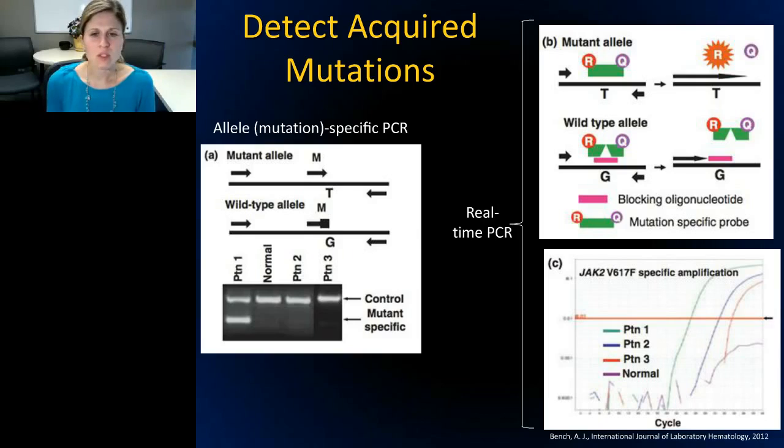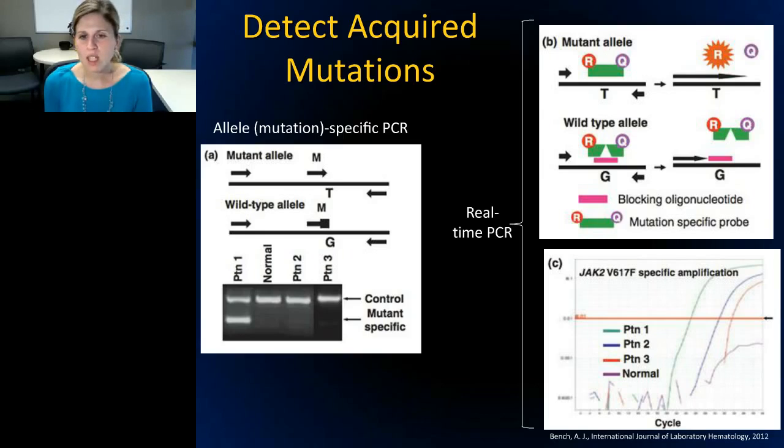Likewise, there are mechanisms to use real-time PCR for these single mutations, as opposed to looking for just translocations as we saw previously. Again, it uses fluorescent probes containing sequences with both a quencher and a reporter, and whether or not that quencher is going to be displaced in the presence of these probes.